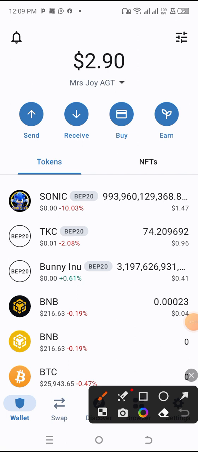What do we want to do here? Okay, swapping. All right, this is the section for swapping below. Like I said, I don't advise swapping here because I've tried it a couple of times. Sometimes the money will just disappear, or it takes like hours, sometimes days.